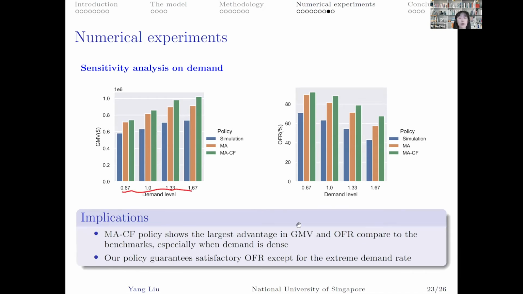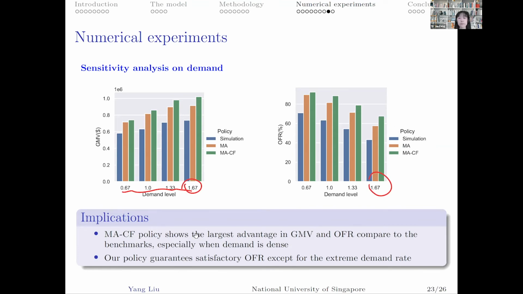And then what we can observe is that the MA and CF policy, which is our policy, shows the largest advantage in the two performance metrics compared to our benchmark case, especially when the demand is high. Our policy guarantees a satisfactory order fulfillment rate, except under extreme demand. So when the demand is high, our policy can still fulfill about 60 to 70% of the orders.